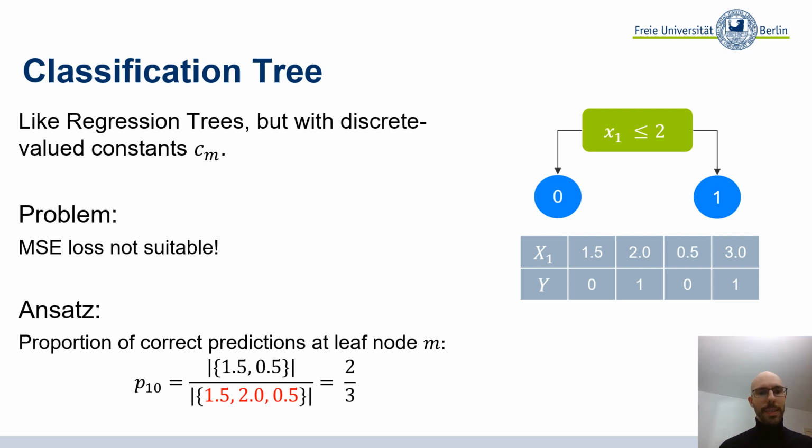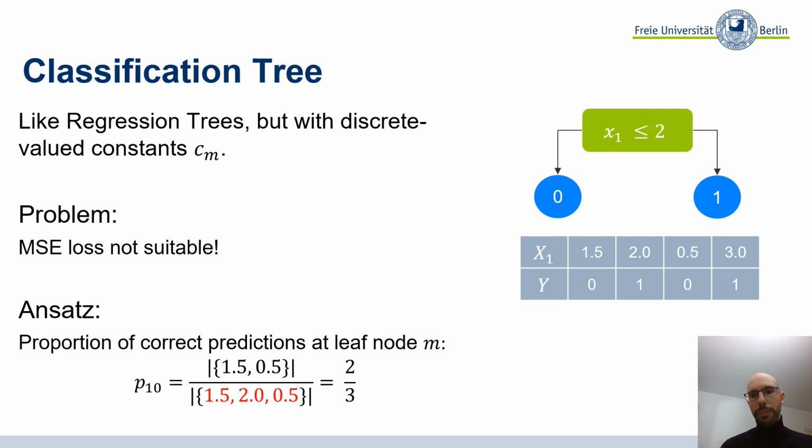So let's look at a specific example. Here, m is our first node, so it's our first leaf node, which is this one. And we look at the label 0, which in this case is the proportion of correct predictions at this leaf node.